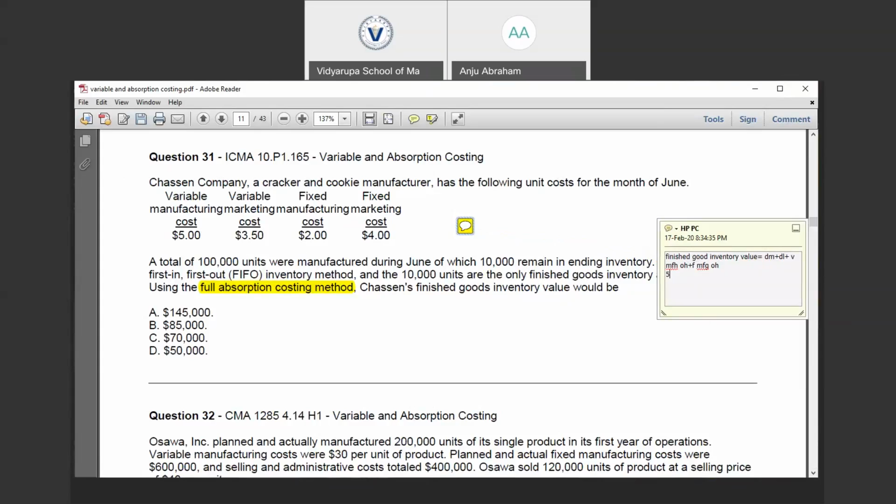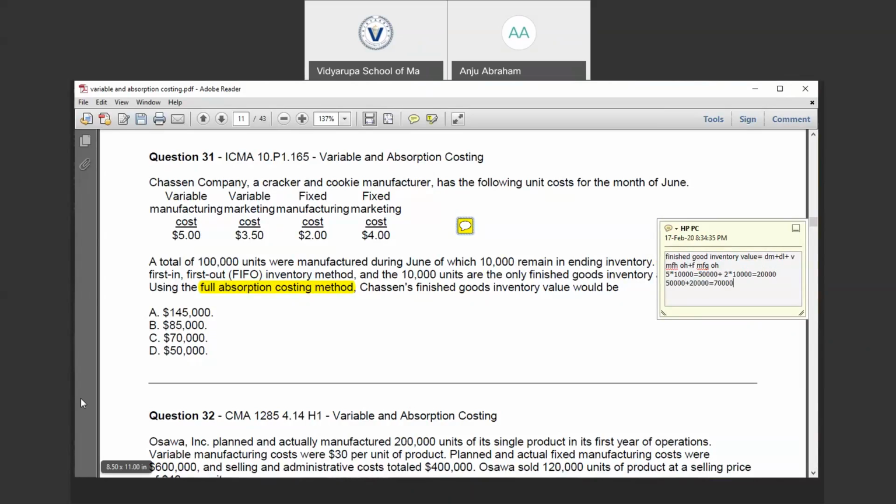So 5 into the number of units remaining in finished goods inventory, 10,000, equals 50,000. Along with that, we need to add the fixed manufacturing overhead, which is 2 per unit. 2 into 10,000 equals 20,000. So the total is 50,000 plus 20,000, which equals 70,000.